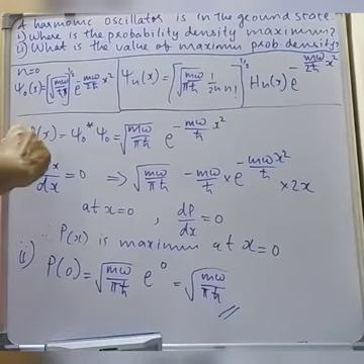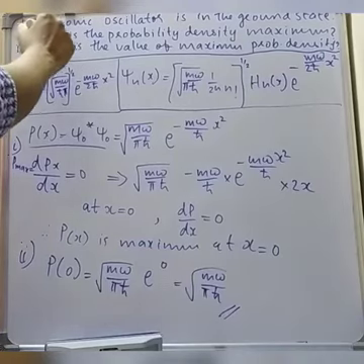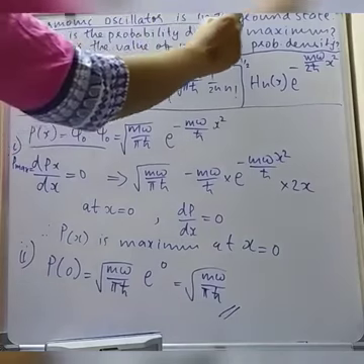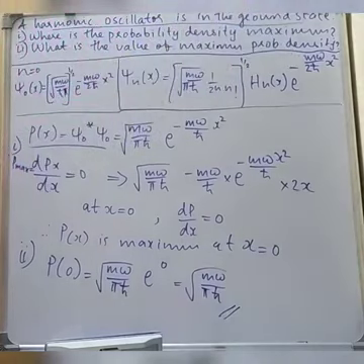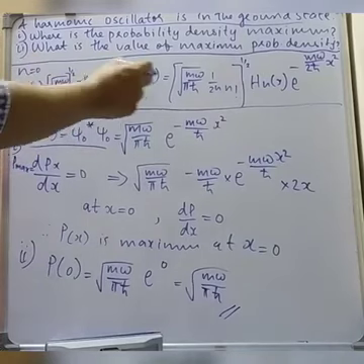Using the definition of probability density, it is psi star psi, that is mod psi square. We are given that the oscillator is in the ground state, which means we have to apply n is equal to 0 in the wave function.